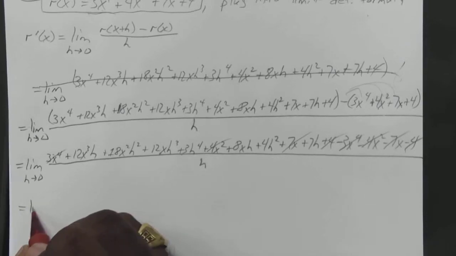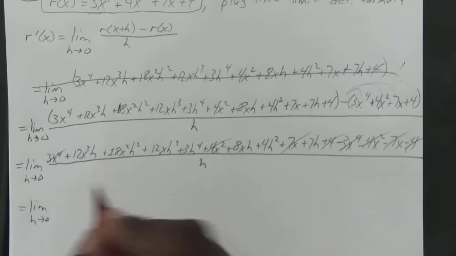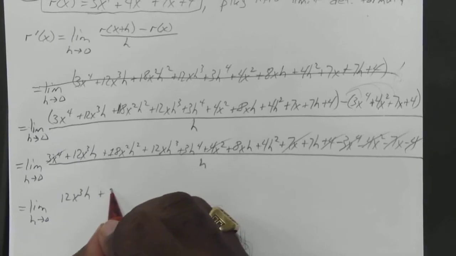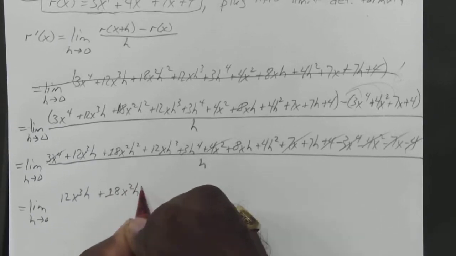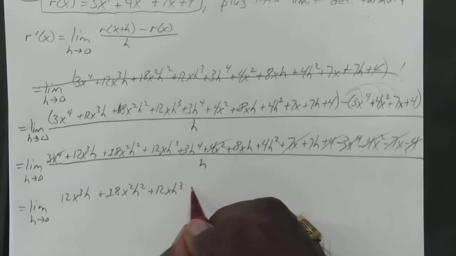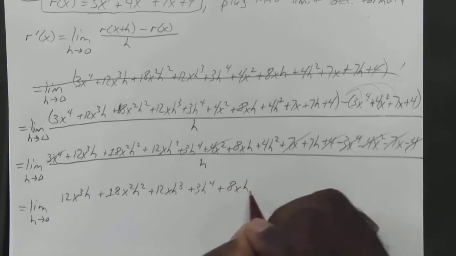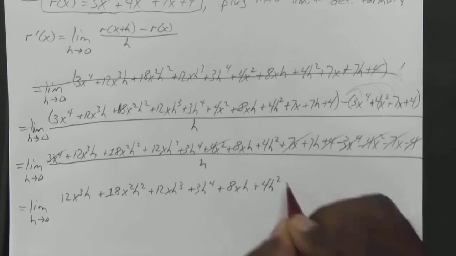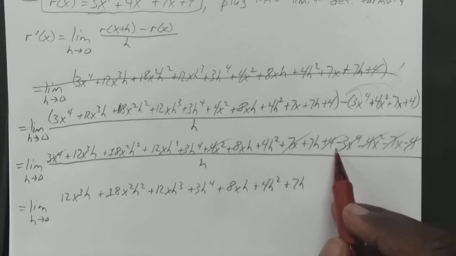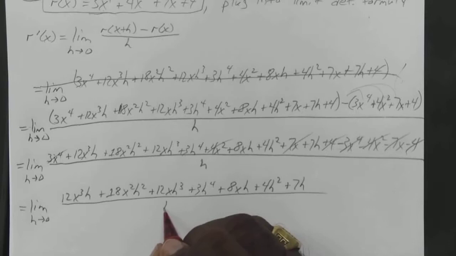So you're left with the limit as h approaches 0, 12x to the third h plus 18x squared h squared plus 12x h to the third plus 3h to the fourth plus 8x h plus 4h squared, plus 7h, and everything else has canceled out already, all over h.